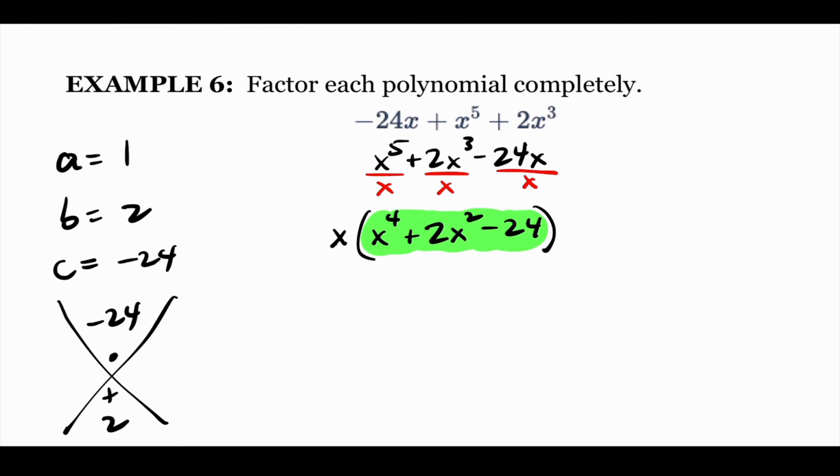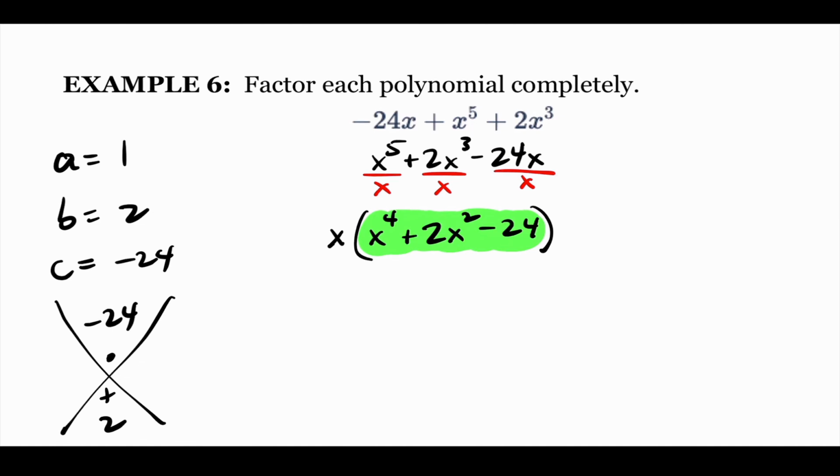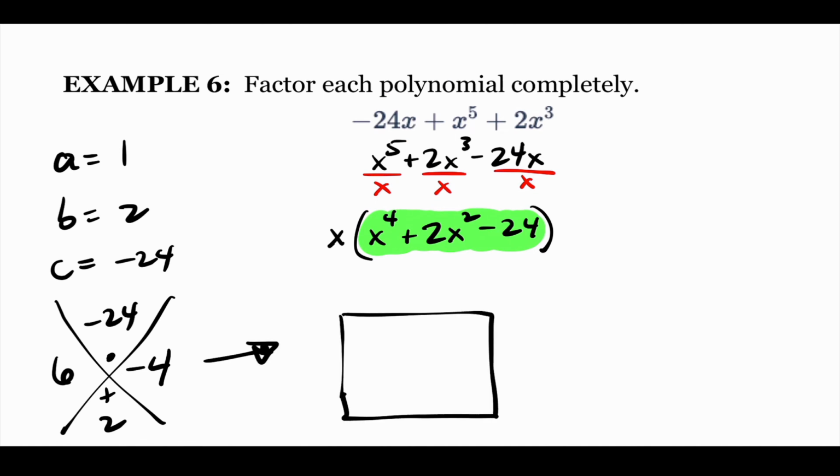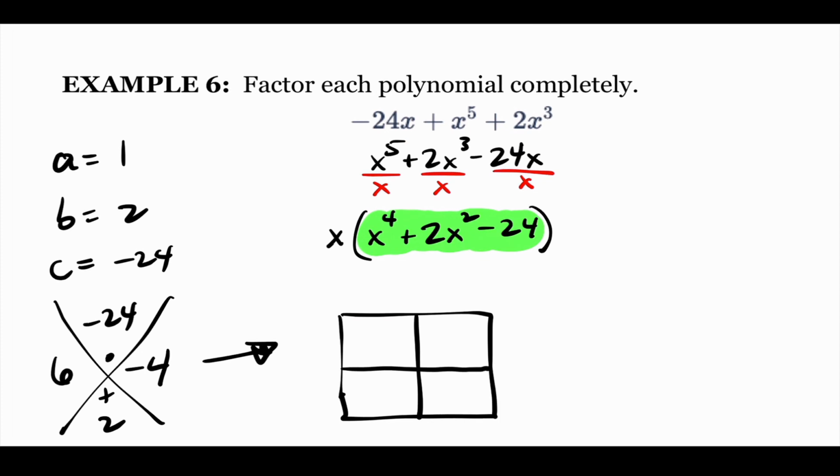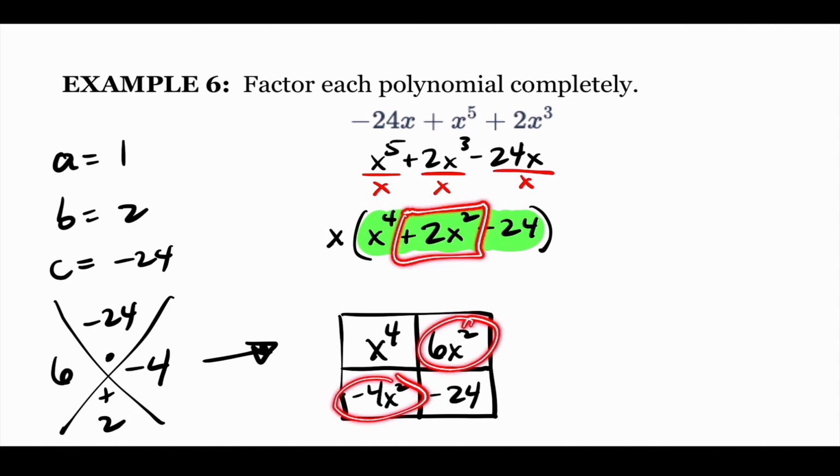The two numbers that make negative 24 and add up to be 2 are 6 and negative 4. So I get x to the 4th, negative 24, 6x squared, and negative 4x squared, because together they have to add up to the middle term.